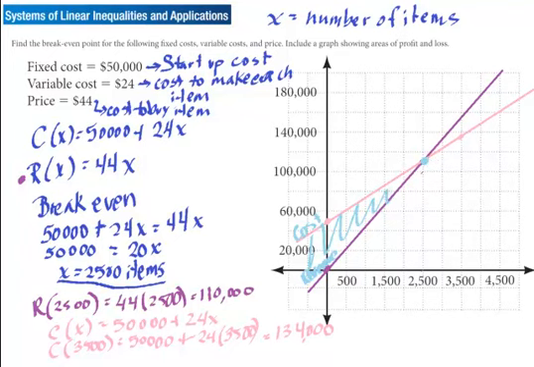Isn't that sweet? Because that's our break-even point. That's when cost equals revenue, of course. So anything from here to here, we lose money. Anything here on up, this is our profit. All right, lovely.